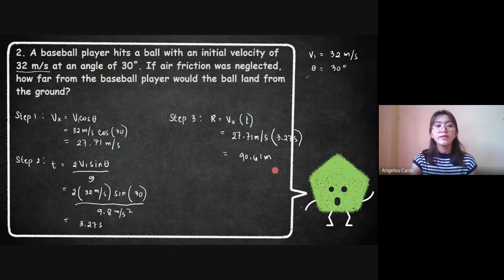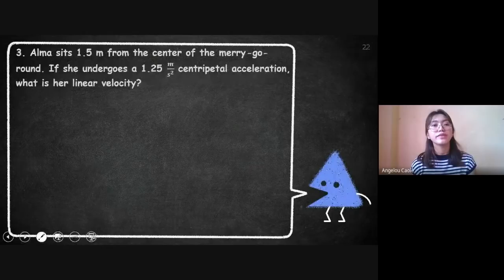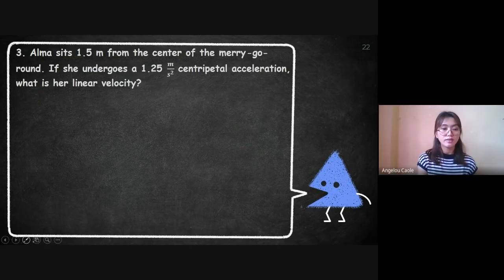Okay. Third example: Alma sits 1.5 meters from the center of the merry-go-round. If she undergoes a 1.25 meters per second squared centripetal acceleration, what is her linear velocity? Of course, we have to identify first our given.